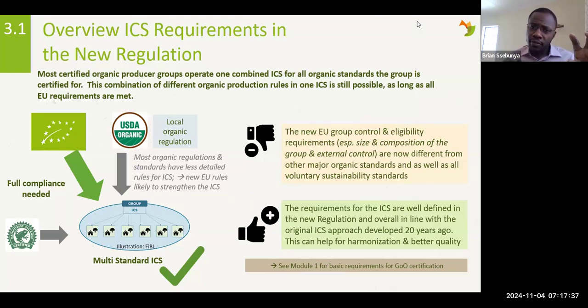Obviously, there is flexibility when it comes to all other standards, the US NOP, or even other sustainability standards, but the EU is rather more prescriptive, which is a good thing because if you meet the new requirements according to the EU regulation, then it will be very easy for you to meet requirements of all other standards that you're working with. So in a way, it helps you to strengthen your ICS, making it compliant to a whole series of standards that you may want to work with.